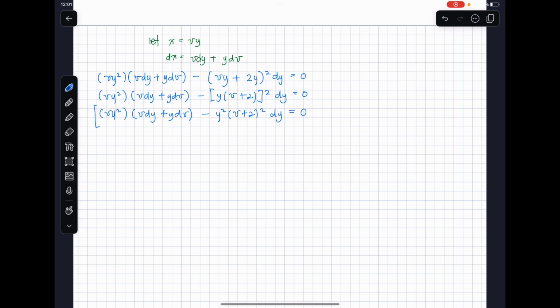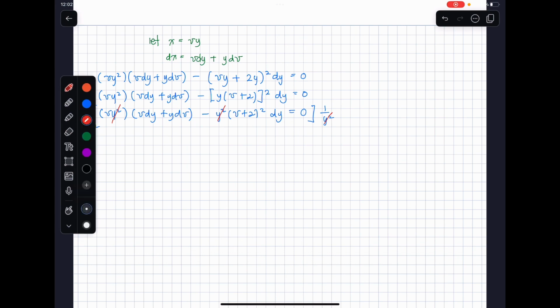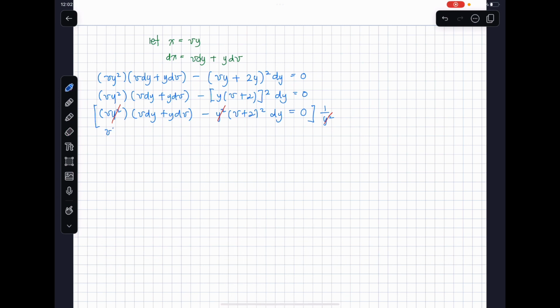So from here, we can multiply everything by 1 over y squared. That would cancel out all the y squared, leaving us with v times v dy, we distribute, so v squared dy, then plus vy dv minus, we expand (v plus 2) squared as v squared plus 4v plus 4 times dy is equal to 0.